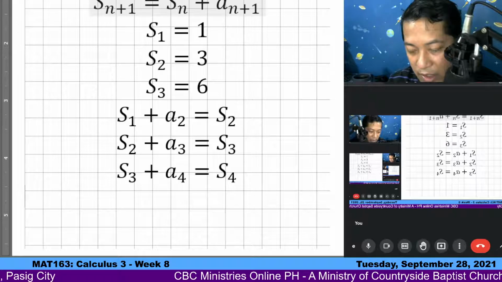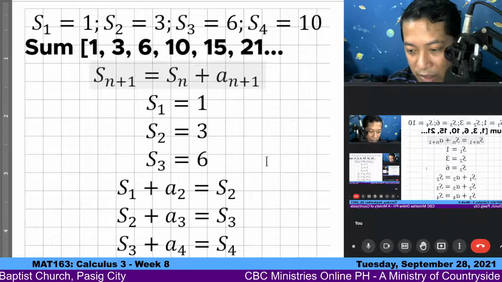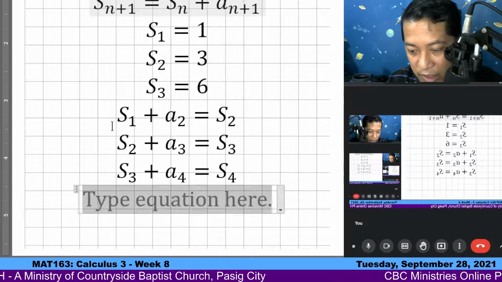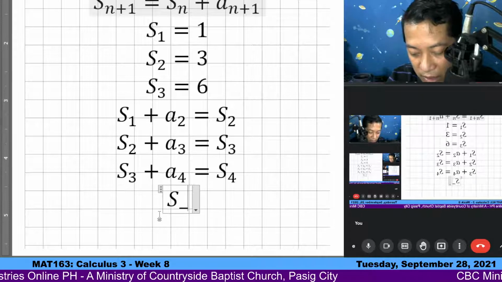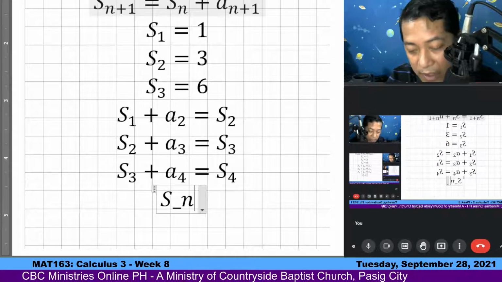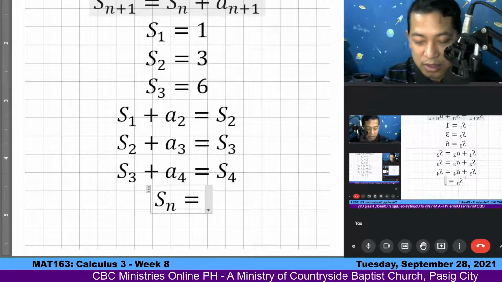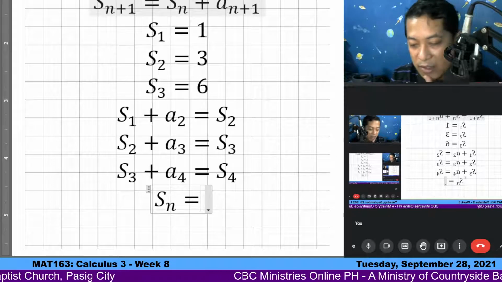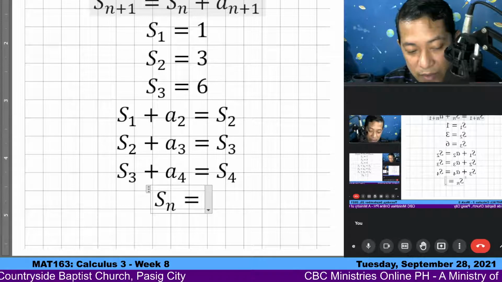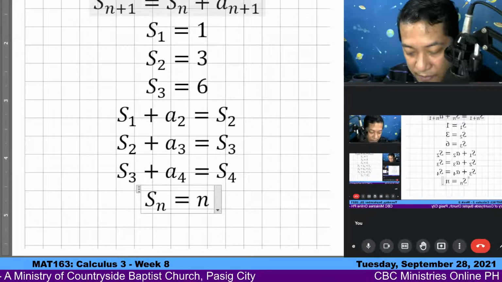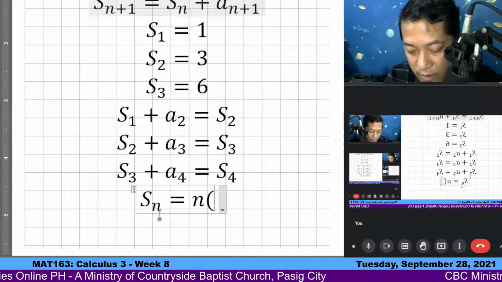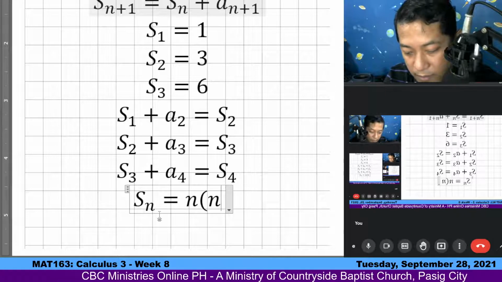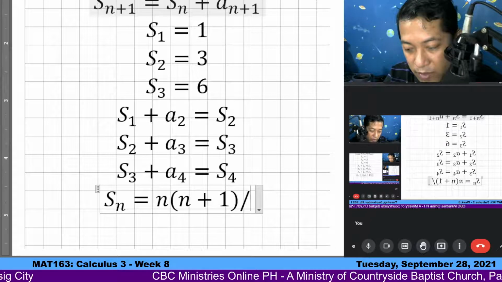So we could see here the sum of the nth term by mathematical induction, though I will not show it anymore, because it will be discussed in algebra and some other lower mathematics. The sum of the nth term by mathematical induction, if we follow the logical structure here, would be n plus 1 over 2.